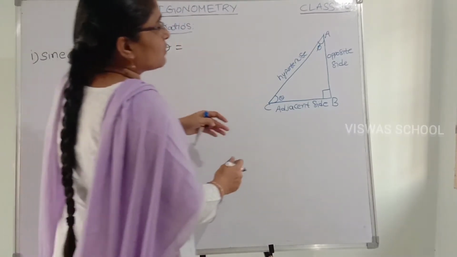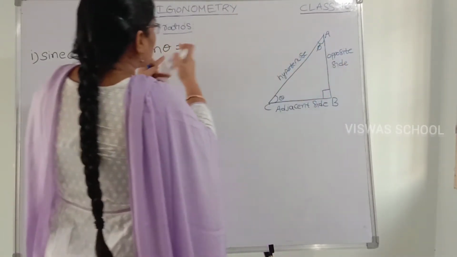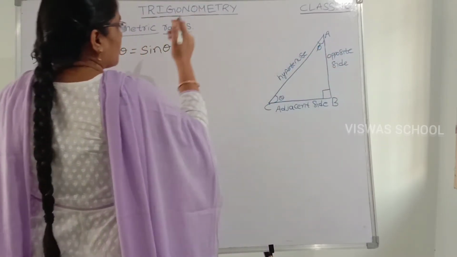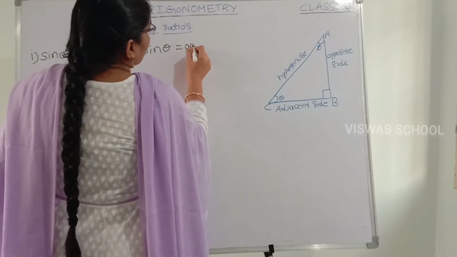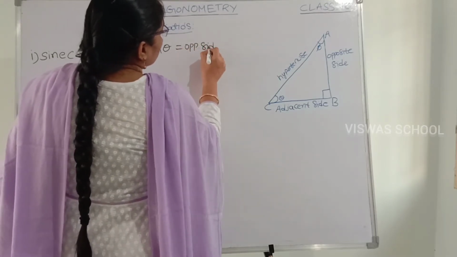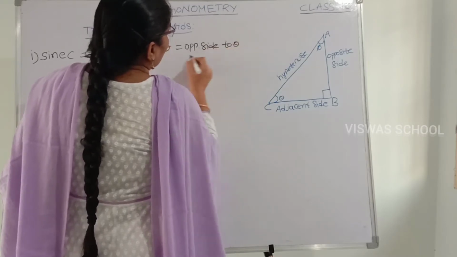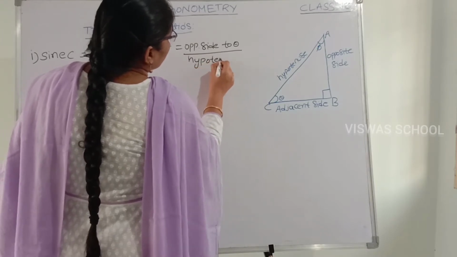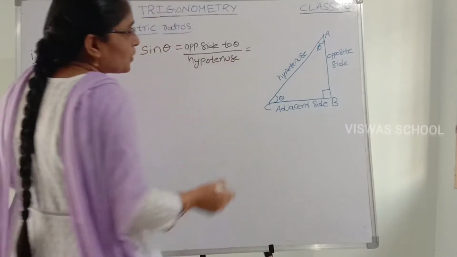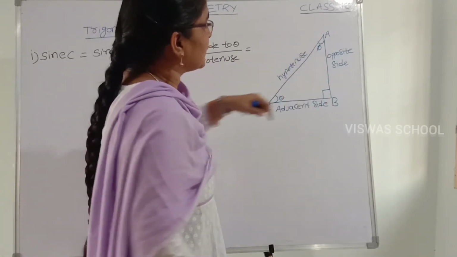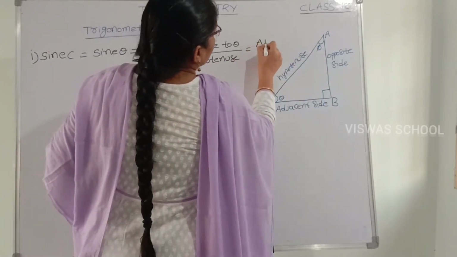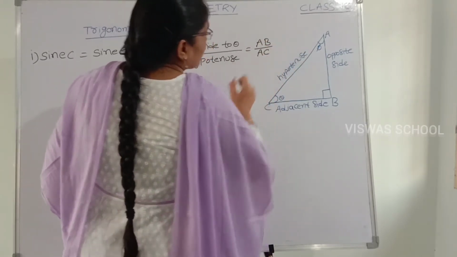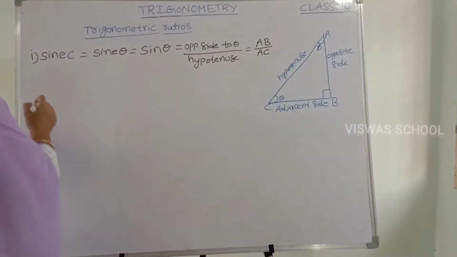So sine theta is opposite side to theta by hypotenuse. That is AB by hypotenuse, and hypotenuse is AC.